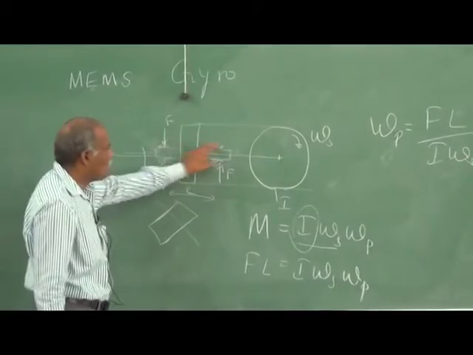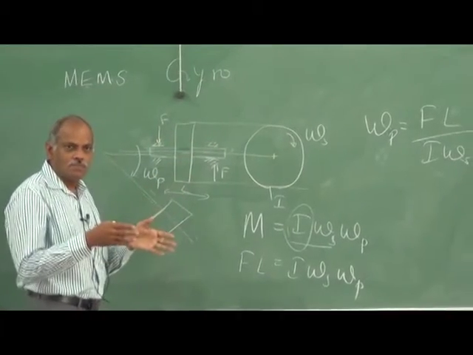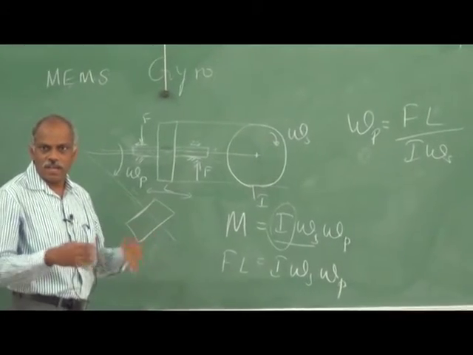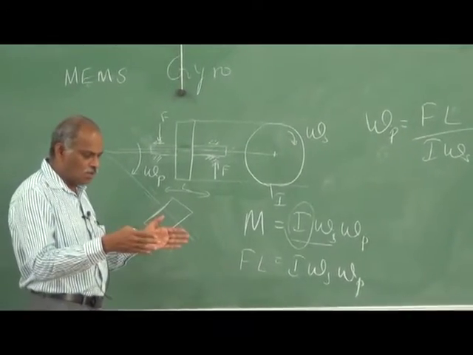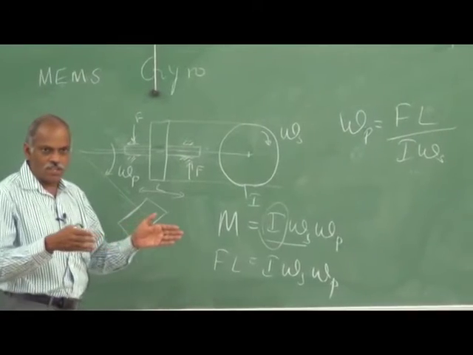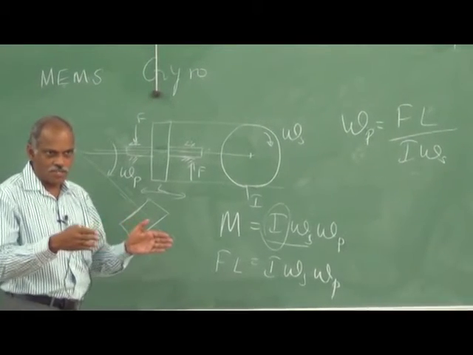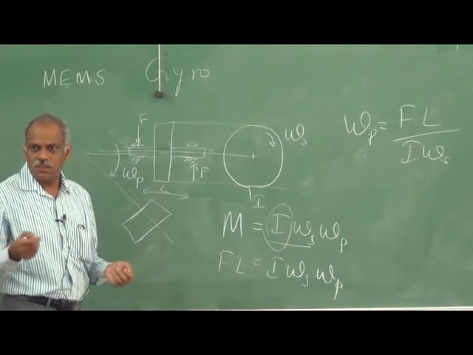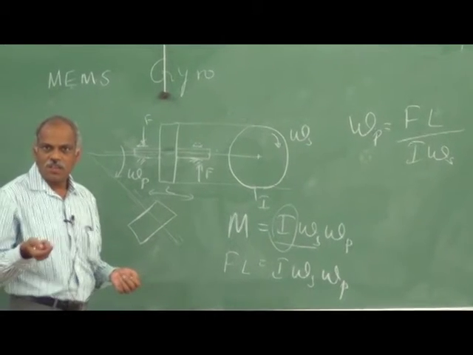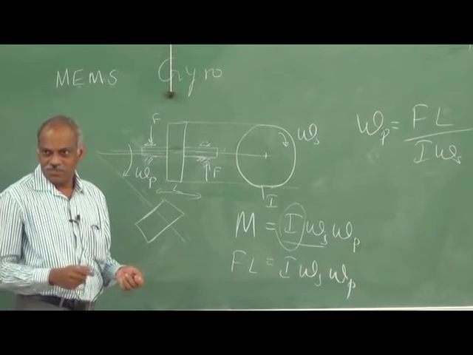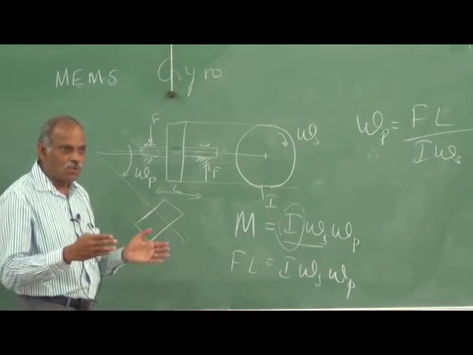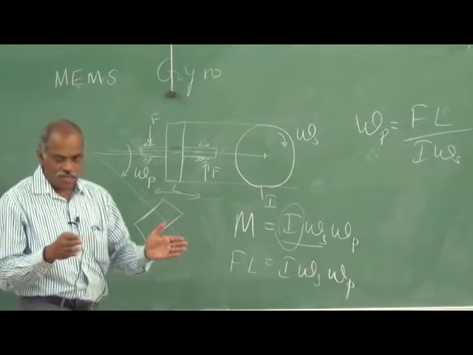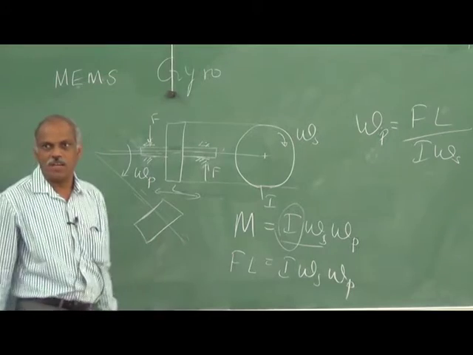Say these are the bearings mounted on a device, for example a rocket or an aircraft. You want to know the angular velocity at which the aircraft is turning. You cannot be outside, so you have to do that inside the aircraft. Being inside, you should know the rate at which the aircraft is turning.